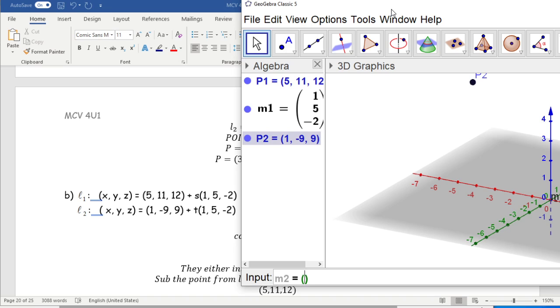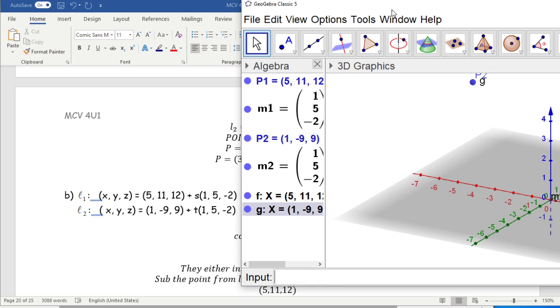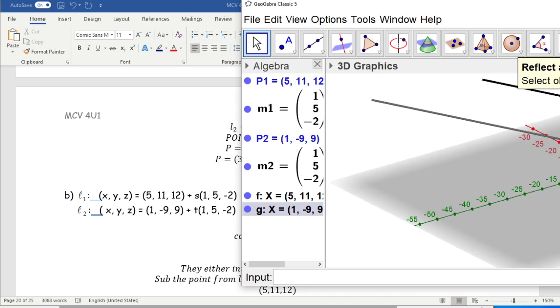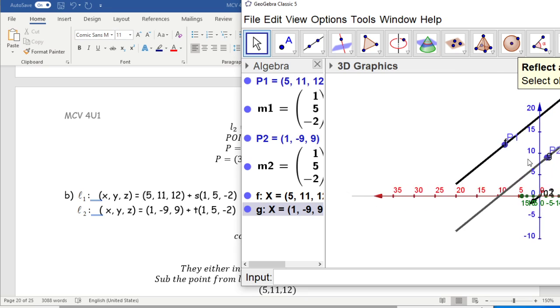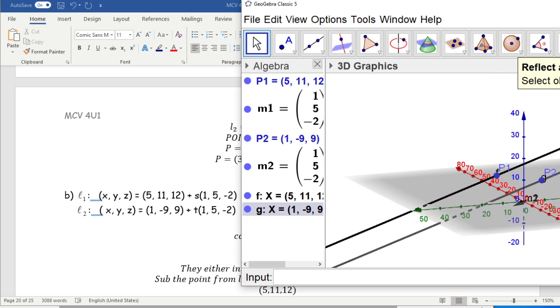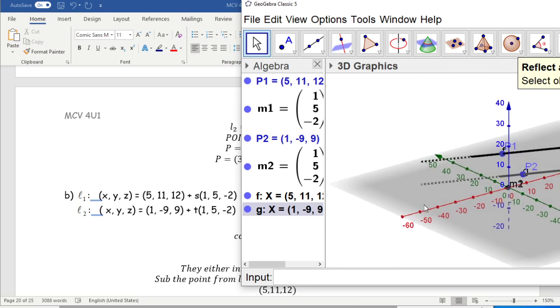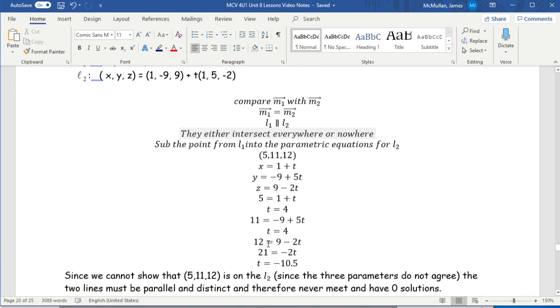And M2 is really just the same thing as M1, but we'll type it out anyway. Now, L1, so we'll make a line that passes through P1 with direction vector M1, and then we'll make a line that passes through P2 with direction vector M2. We'll zoom out a little bit so we can see them, and then you can be confident in your conclusion that these lines are in fact parallel, but they are distinct and therefore do not meet. Okay?